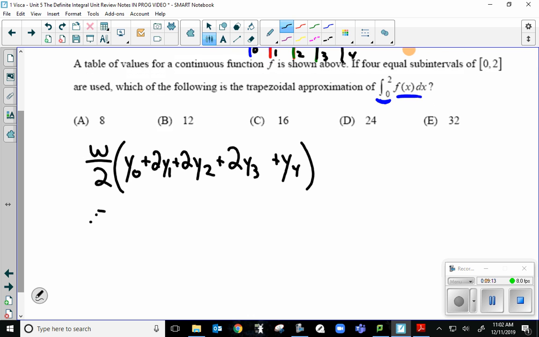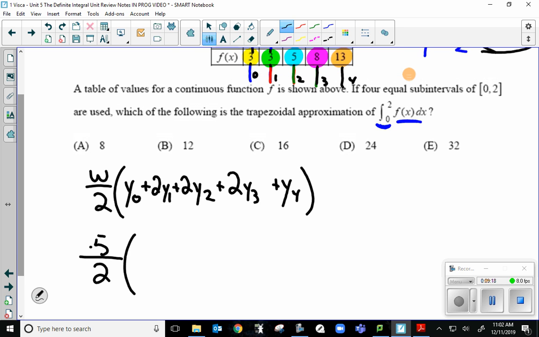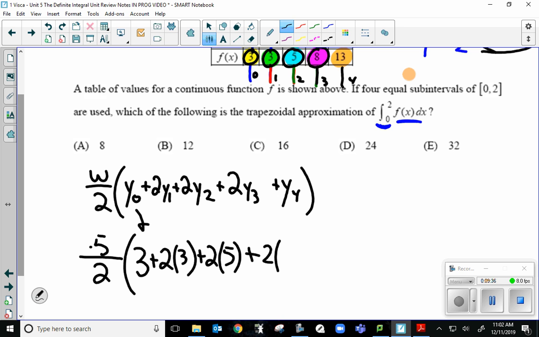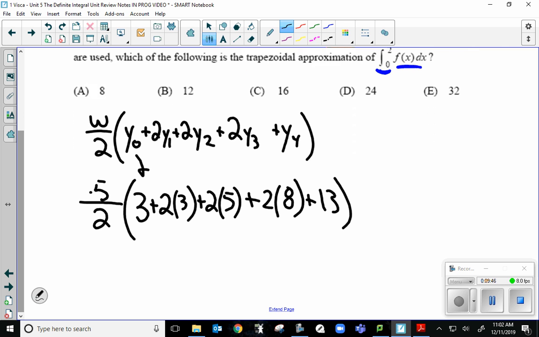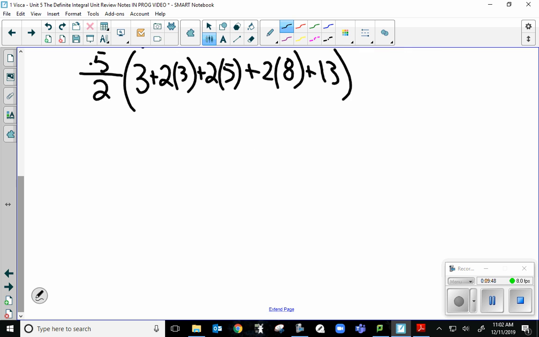So I take 0.5 divided by 2, times my first y value, which is 3, plus 2 times my next y value, which is 3, plus 2 times my next y value, which is 5, plus 2 times my next y value, which is 8, plus my last y value, which is 13. This is a lot easier than creating a table and figuring out the y values for yourself. I love when they give you the table.